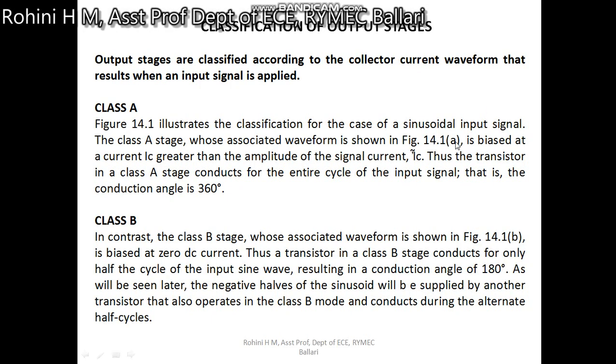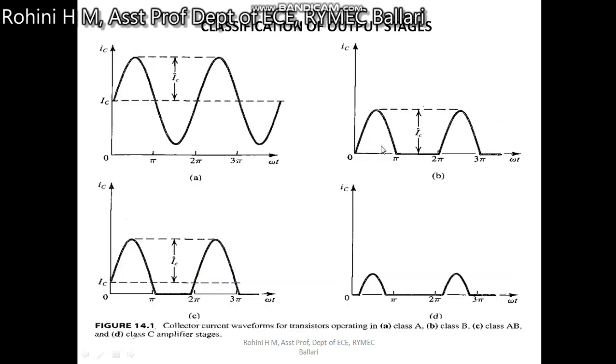So as shown in the first diagram, it is biased at the current IC greater than the amplitude of the signal current IC cap. So this IC must be greater than the signal current IC cap, which is shown here.